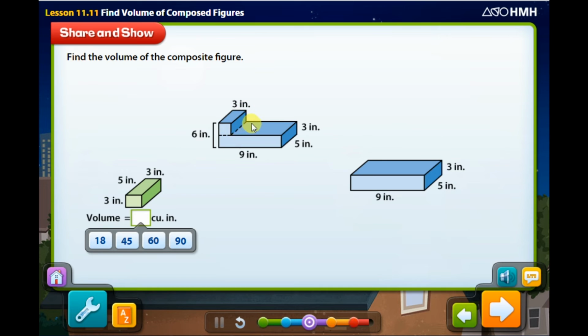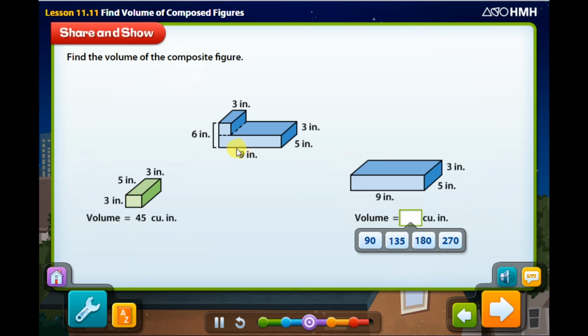If you multiply them together, it will give you 45 cubic inches, because we measure volume by counting how many cubic units. So we have 45 cubic units, and the units here are inches, so it will be 45 cubic inches. That's right. Its volume is 45 cubic inches.